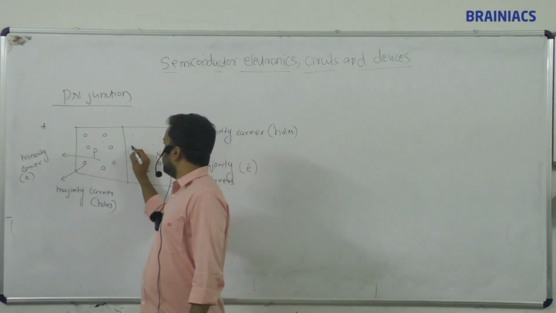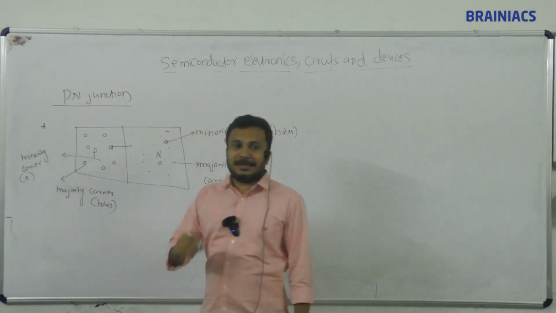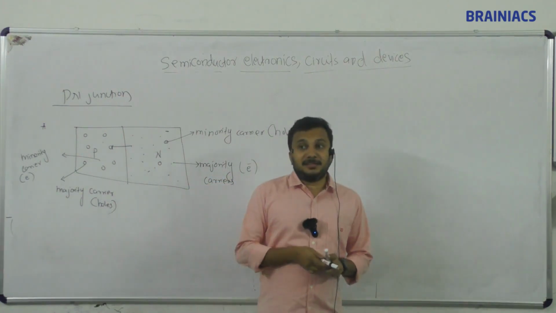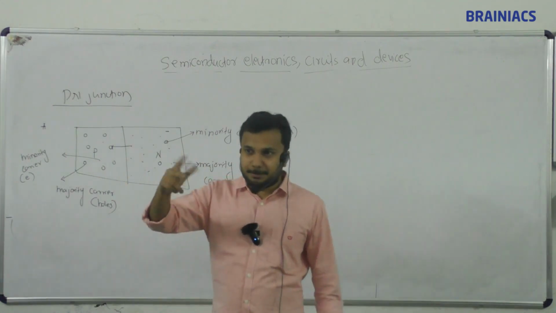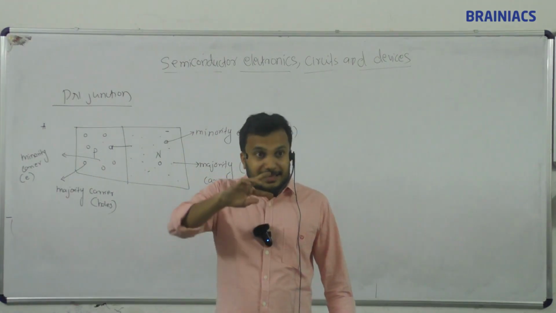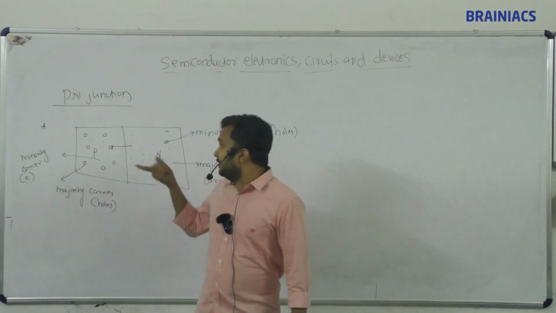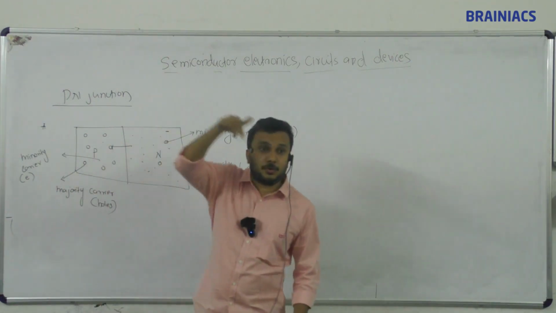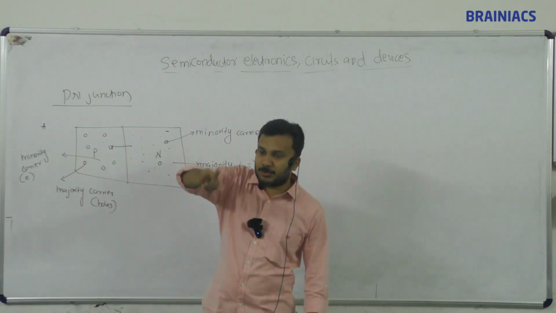Suppose I am assuming this electron is moving towards this hole and it will undergo what? Recombination. Why is the word called recombination? Recombination means what? Again combining. Initially these electrons come from a hole. Now it is again going back to the hole. So it is a reprocess.